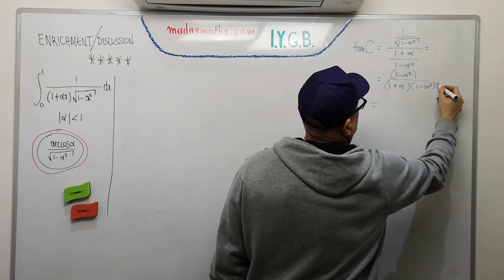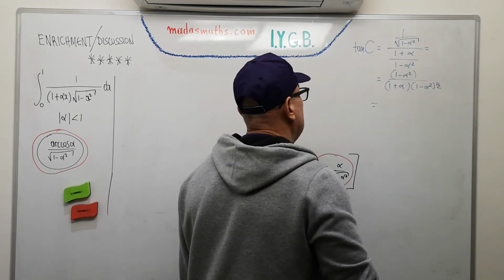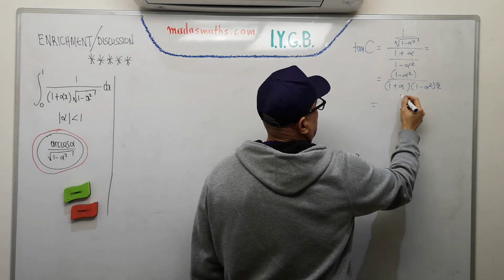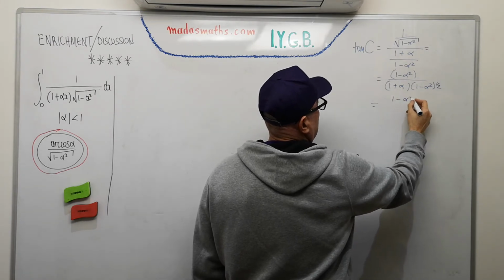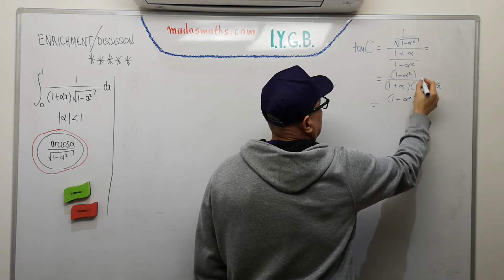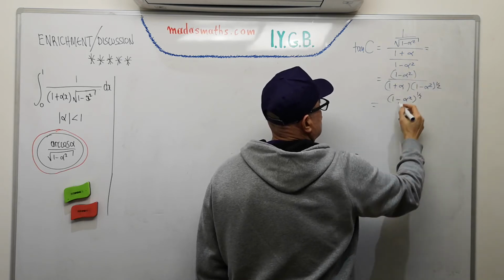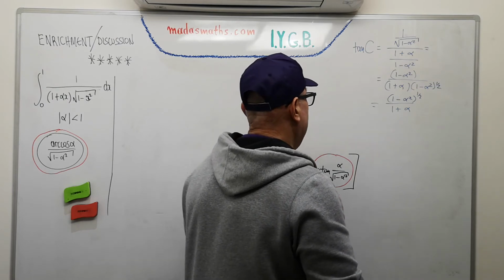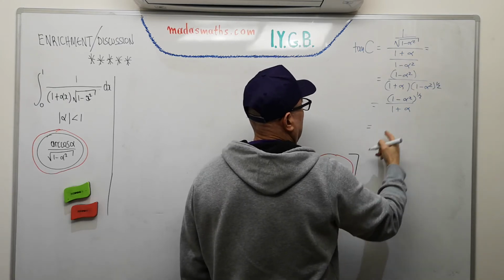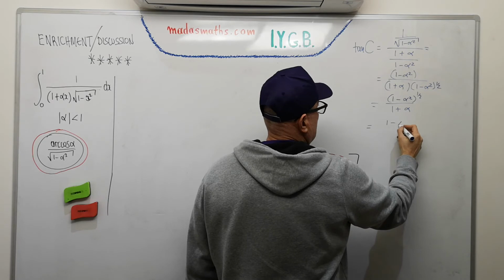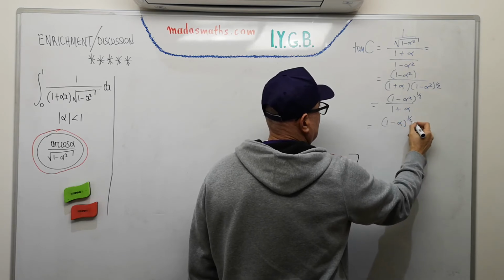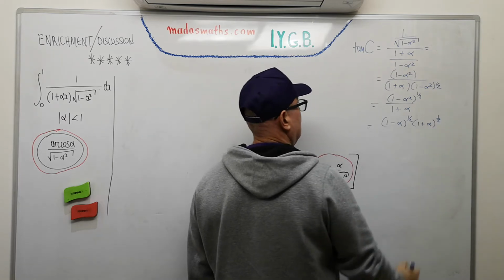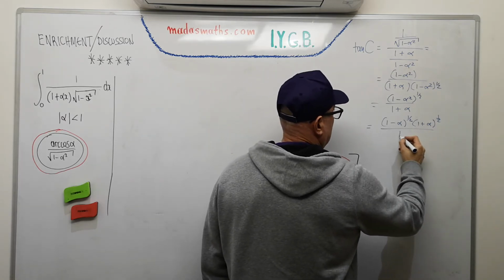This is the half. Okay, so now on the top I have 1 minus alpha squared to the half. That cancels that, and it goes to the half over 1 plus alpha. And at the bottom, this is a difference of squares, so it's going to be 1 minus alpha to the half, 1 plus alpha to the half, over 1 plus alpha.